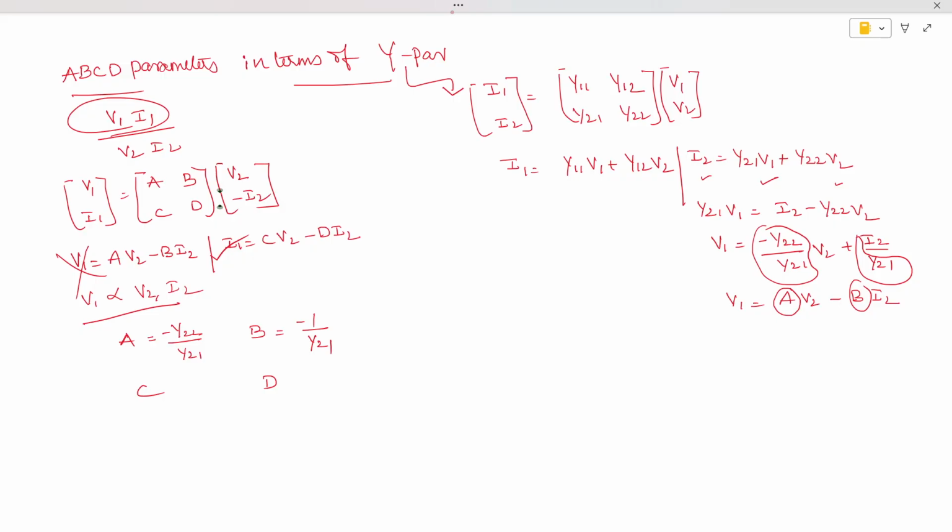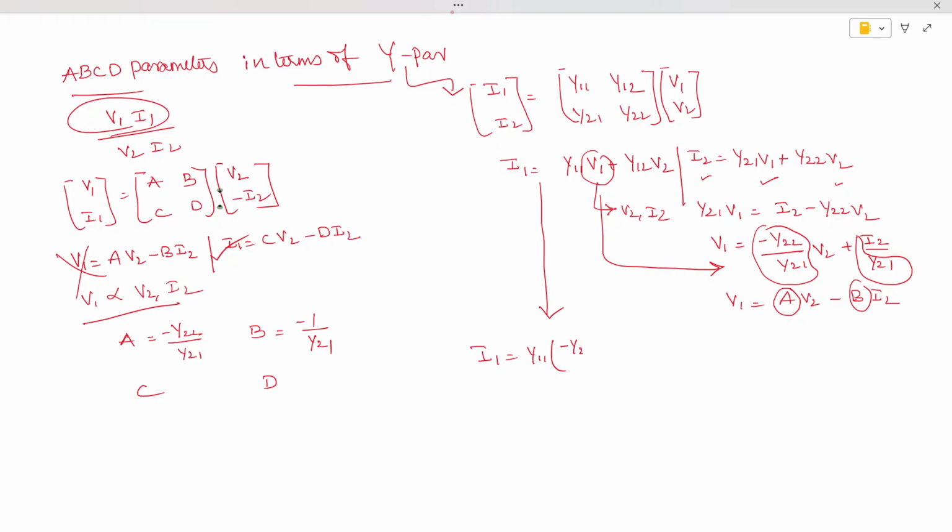Now we require I1 in terms of V2 and I2. So V2 is there, I1 is creating the problem. So this V1 I have to express in terms of V2 and I2. So this equation is already in that form. So substitute in that formula. So I1 is equal to Y11 into the value of V1 in terms of V2 and I2.